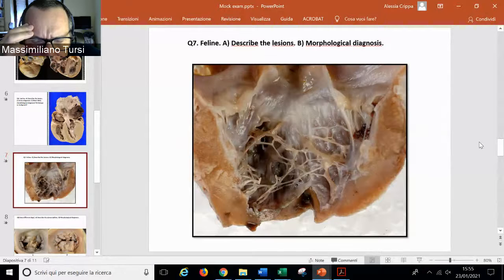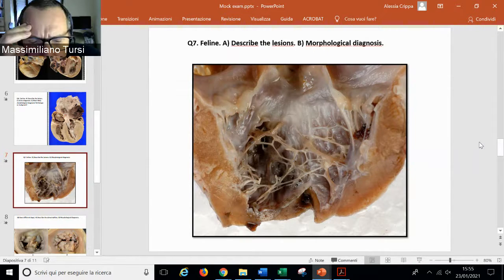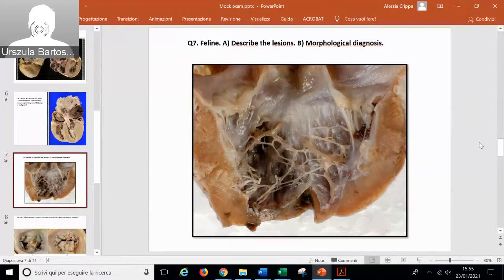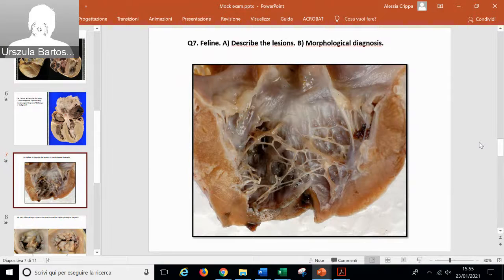And regarding the diffuse whitish discoloration of the left ventricle, in the past, but now we don't read, we don't speak anymore about fibroelastosis. Do you remember? Fibroelastosis, they say a malformation because there is a diffuse proliferation of elastic fiber in the left ventricle.